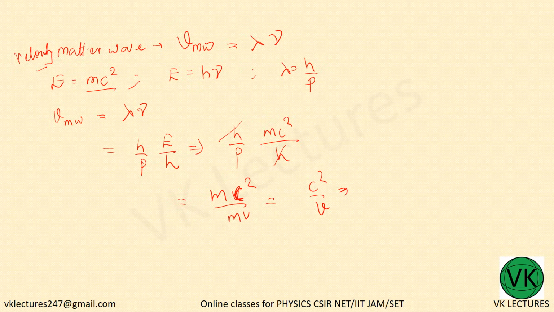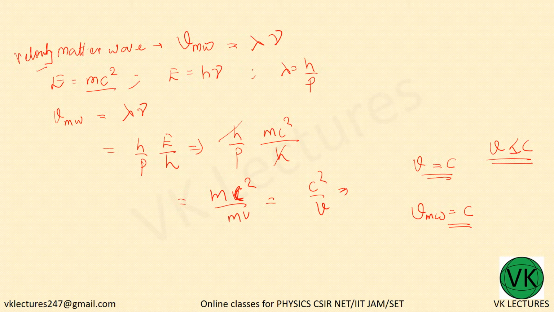Now what do you mean by this c square divided by v? If v equal to c, then velocity of the matter wave equals c. But we always know this idea that v is always less than c.